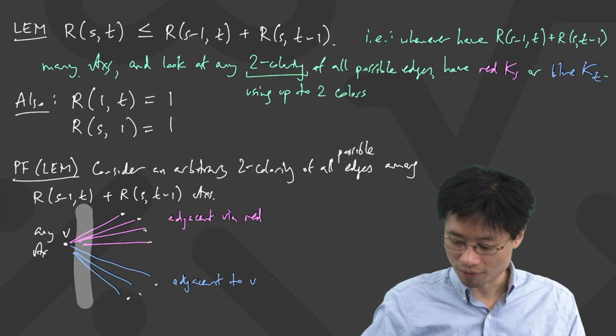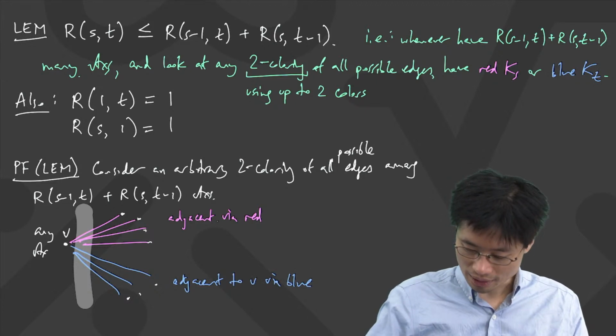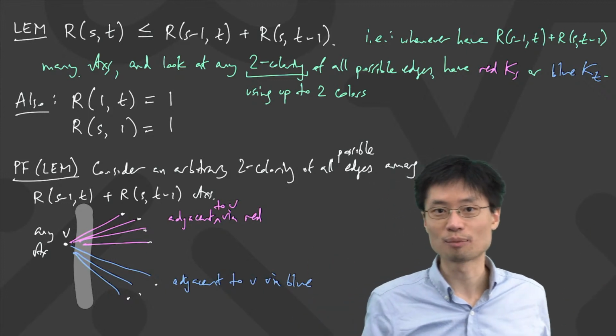Actually, they're all adjacent to V via those colors. So I have some adjacent via red and some adjacent via blue.